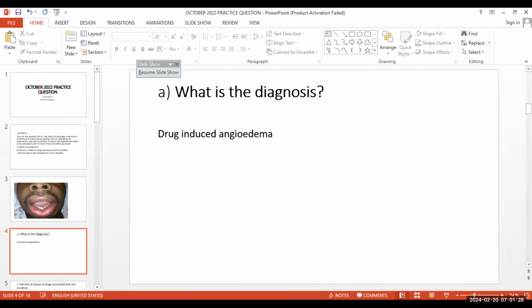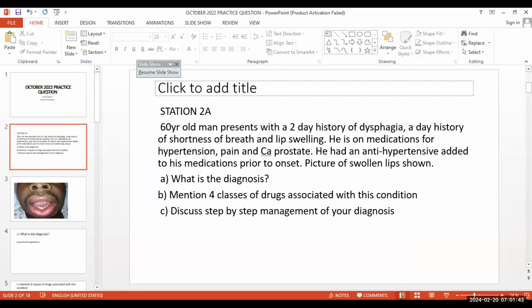Then my diagnosis is drug-induced angioedema. I made this diagnosis because, first, this patient presented with dysphagia and a history of shortness of breath.